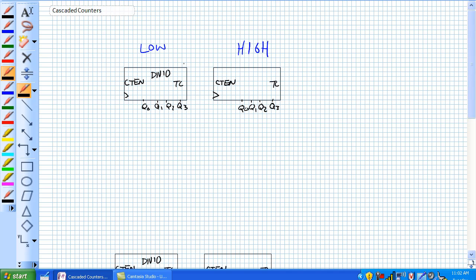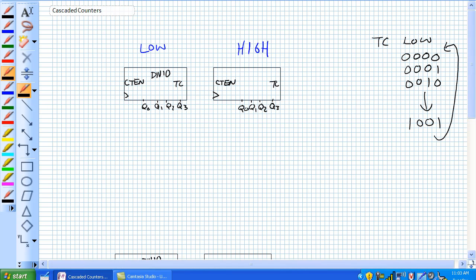This particular low order portion starts out at 0, and it's going to progress to 1, 2, and so on up to 9, and then it's going to recycle. The terminal count for the low order is always going to be 0 until it reaches the maximum count of 9.